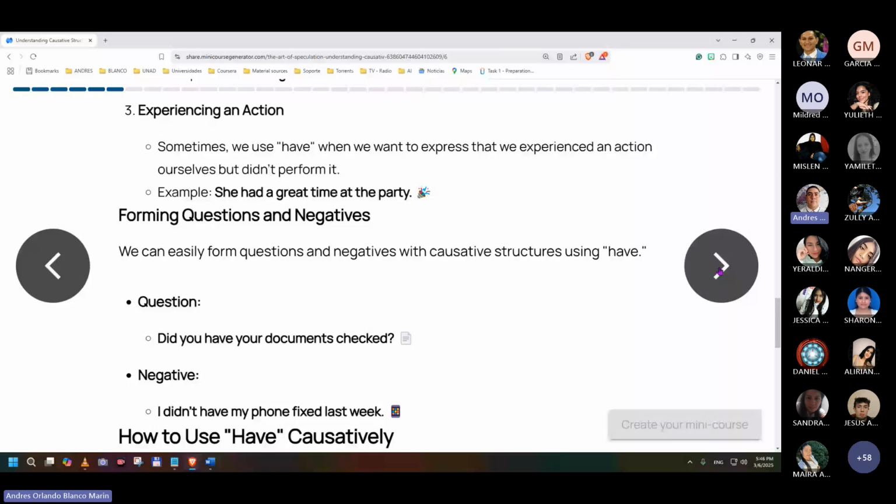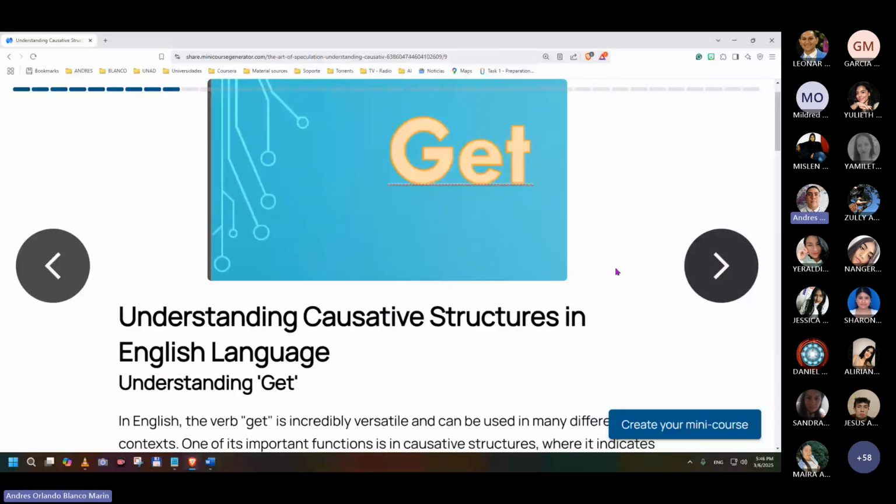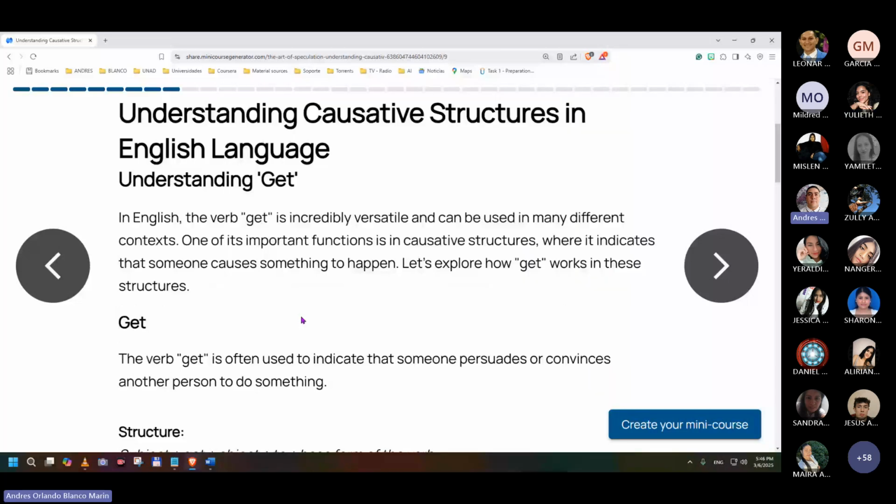So let's change to the next verb, that is get. Get is also a very complex verb because you can have lots of combinations to create phrasal verbs. But here, we're using it as a causative verb.